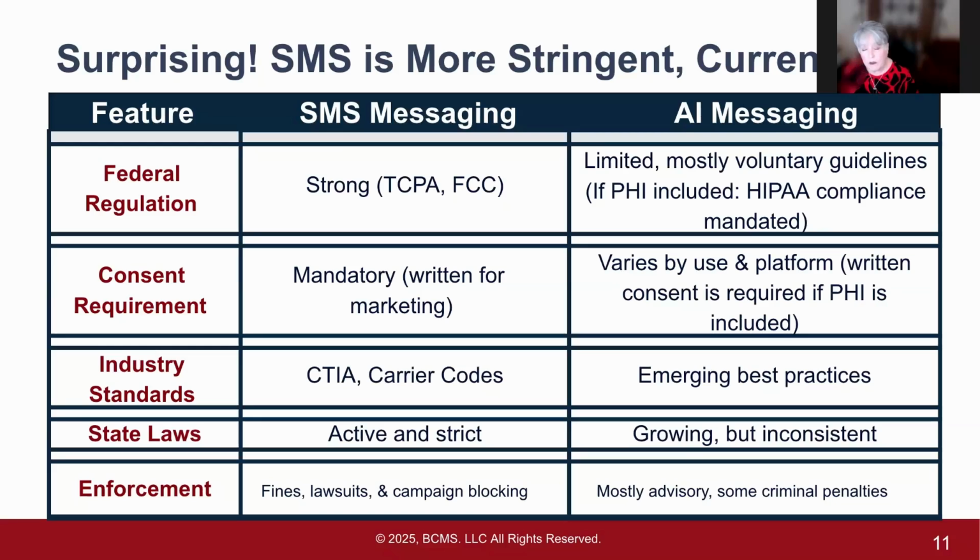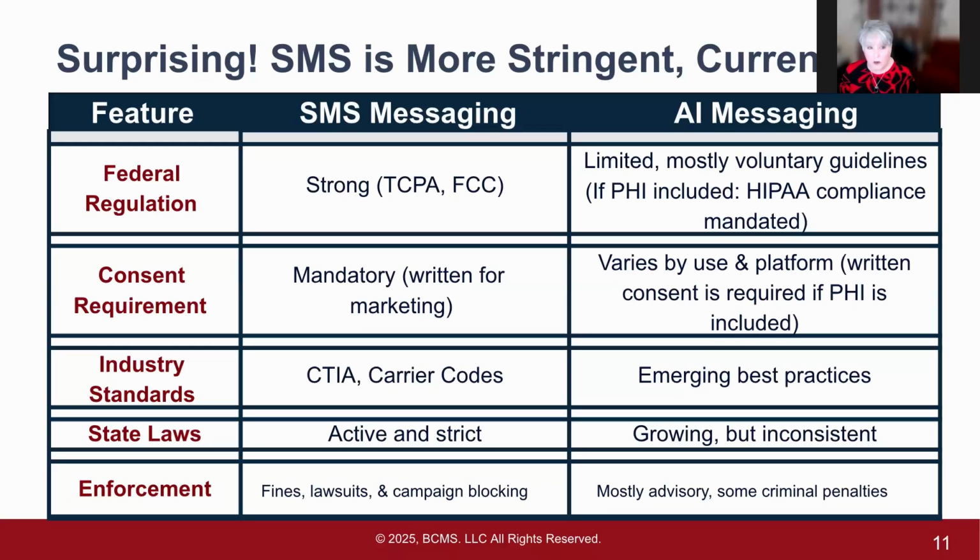I think what's surprising to me is I would have thought, okay, AI has so much more control. I bet you there's a lot of regulations out there. But surprisingly, SMS is more stringent. And I guess that's because it's been around since, I think, like the 80s.